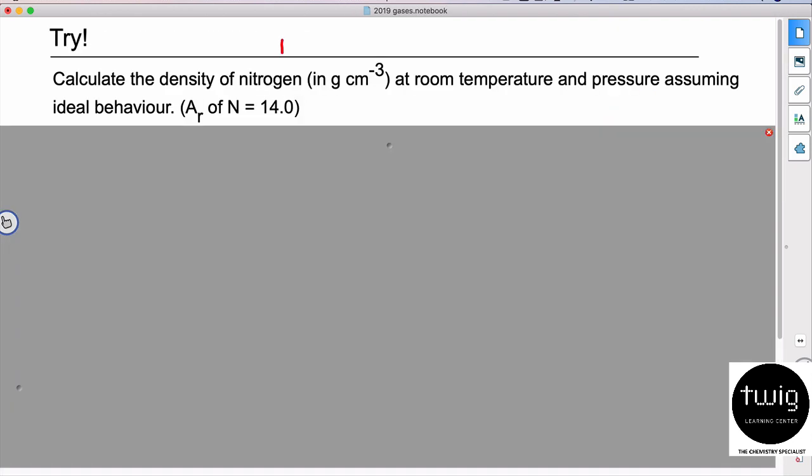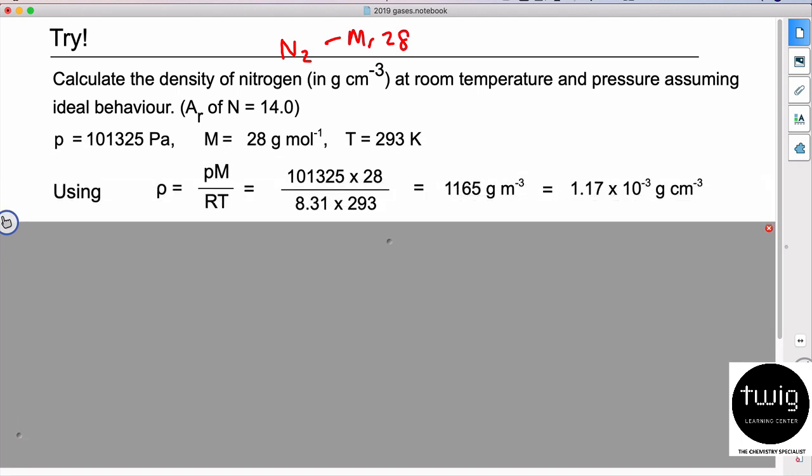So nitrogen, don't forget, I think some of you totally forgot. Nitrogen's Mr is actually 28, not 14. 14 is only for N. So you can see your numbers have been doubled. I'm going to use the formula we already did: density is pressure times molar mass over R times T. At room temperature and pressure, it is 1 atm and 20 degrees Celsius.